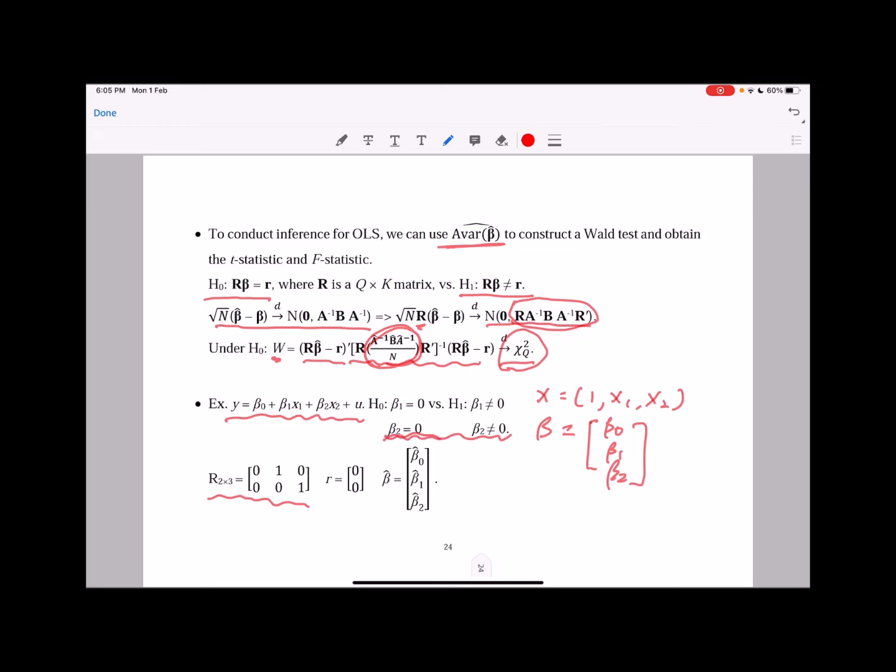The restriction here is the R, applied to beta 0, beta 1, beta 2, which gives beta 1, beta 2. This is exactly the restriction we want to test. So this is just an R matrix.